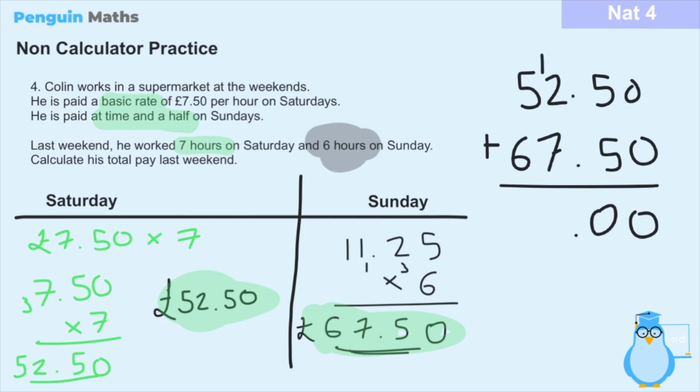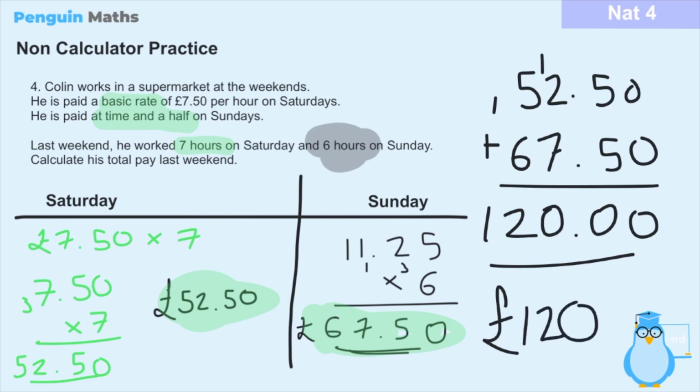Then we have 2 plus 7 is 9, carry the 1 gives us a 10, so you put the 0 down, carry the 1. Then we have 5 plus 6 is 11, add on that 1 gives us 12. So that means that our final answer for this question is equal to £120. This is the amount of money that he made over the weekend.